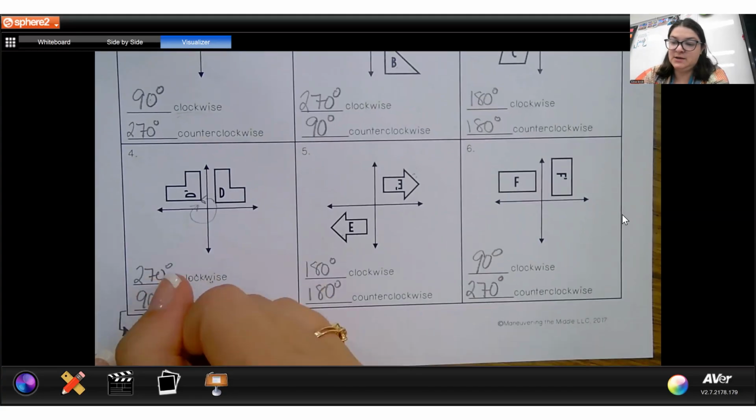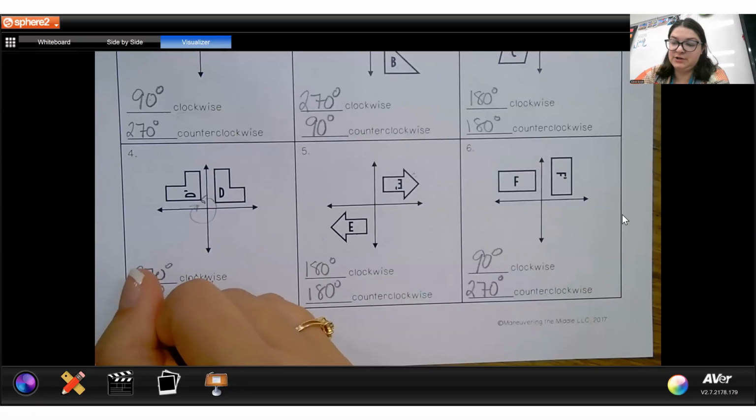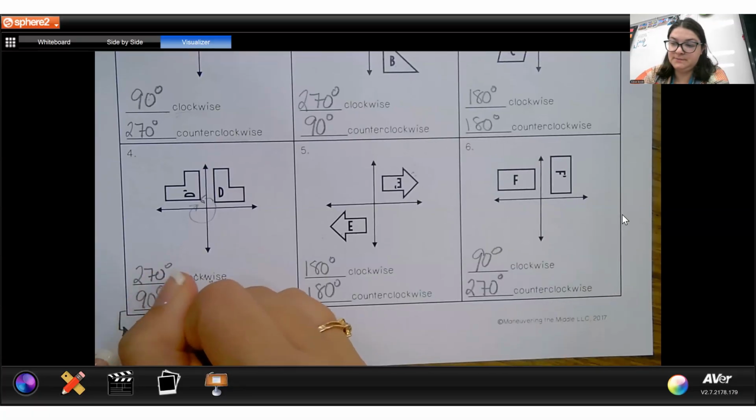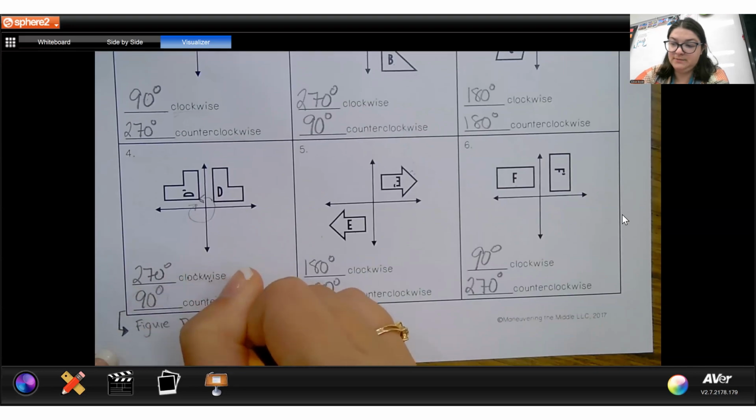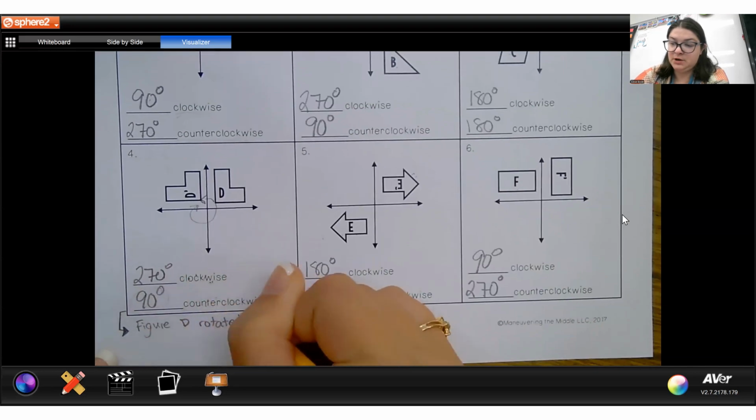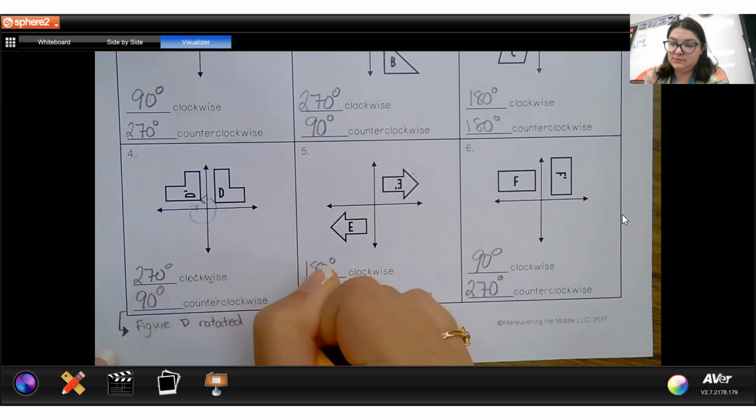So I can say, figure D rotated around the origin.